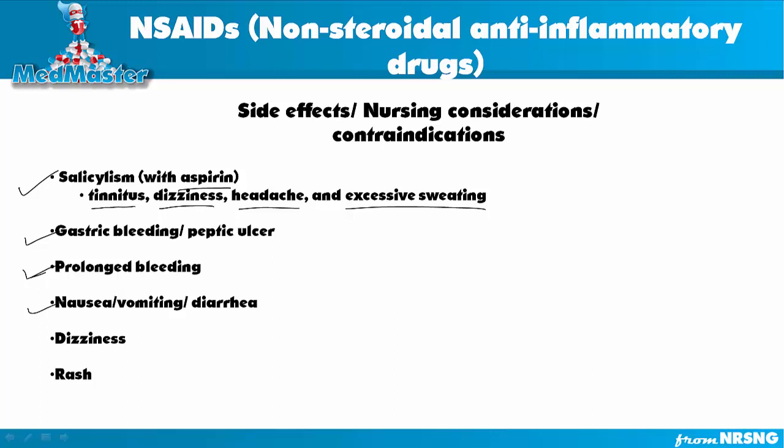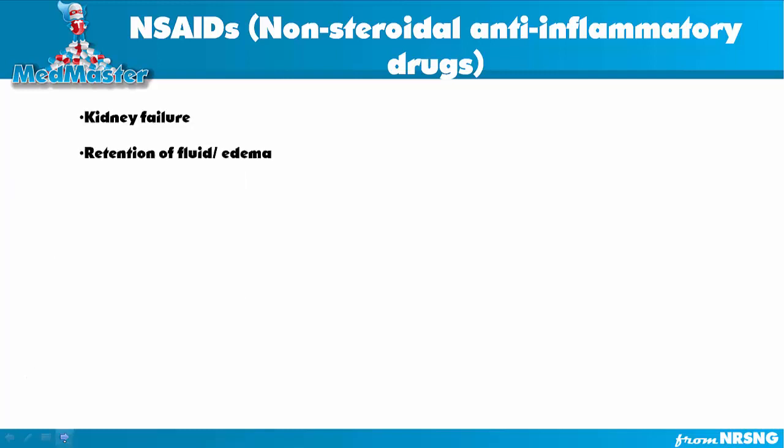This drug can cause nausea, vomiting, diarrhea, dizziness, and rash as well. One of the main functions of the cyclooxygenase 1 enzyme is converting into the cytoprotective prostaglandin that protects the kidney. Now it's not going to be protected anymore, since this non-selective anti-inflammatory drug is going to block COX-1. So it can cause kidney failure, especially with ibuprofen. And this medication can cause retention of fluid and so edema as well.